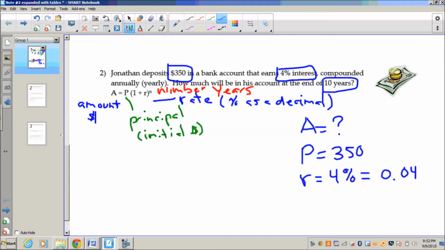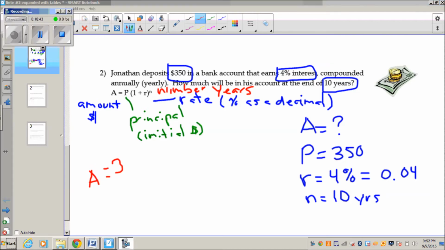It's 4%. So we're going to use it in decimal form. And N is the number of years that it's being invested, which in this case is 10. So it's being invested for 10 years. So this is the data that we're going to enter into our formula. So our formula will be A equals the principal, which is $350.